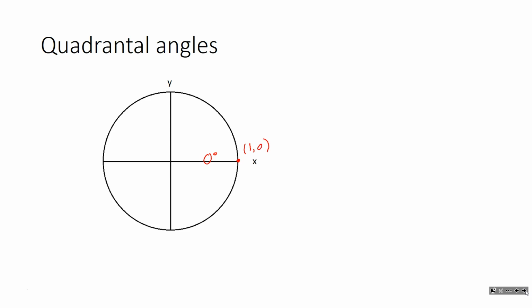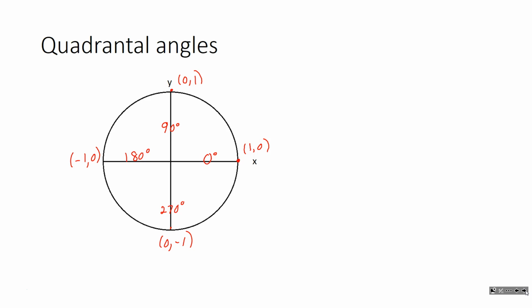We know it's 1 because the radius, that is the distance from the center to the outside of the circle, is 1. Similarly, if we had a 90-degree angle, we would be at this point, which would have coordinates of (0, 1). 180 degrees would have the values (-1, 0), and finally 270 degrees would have coordinates of (0, -1).